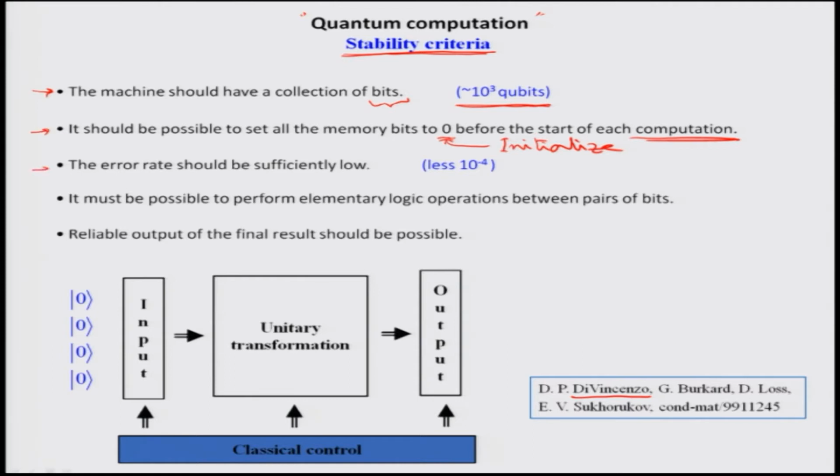The third important parameter laid down by de Vincenzo was that the error rate should be sufficiently low, and there were some numbers given in their initial works, which come out to be about less than 10 to the power minus 4 to make sure that the computation becomes effectively fruitful.